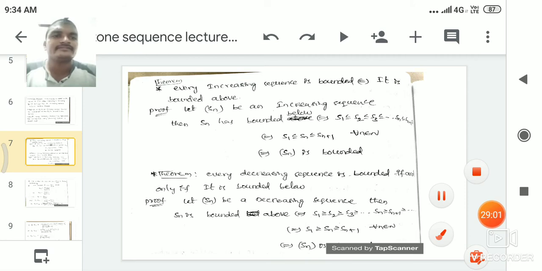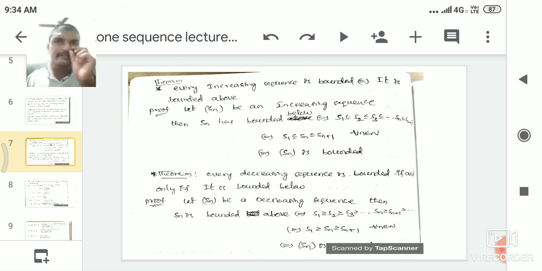So we say that every decreasing sequence is bounded above. By the condition, we can write S1 is greater than or equal to S2 is greater than or equal to S3 is greater than or equal to and so on. From that we write S1 is greater than or equal to Sn is greater than or equal to Sn plus 1. So whenever lower and upper values exist, the sequence is called bounded.